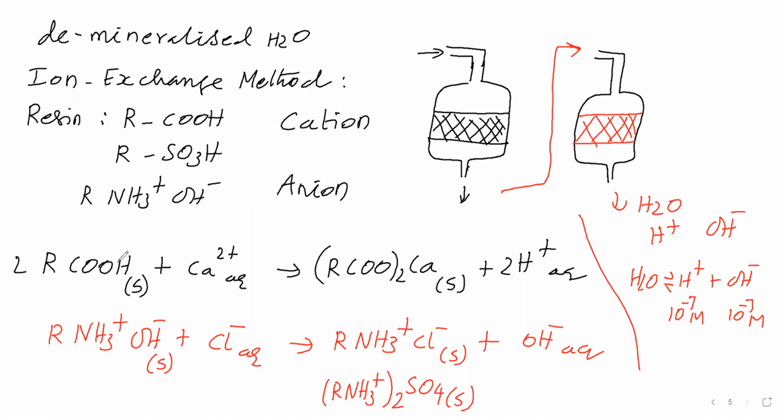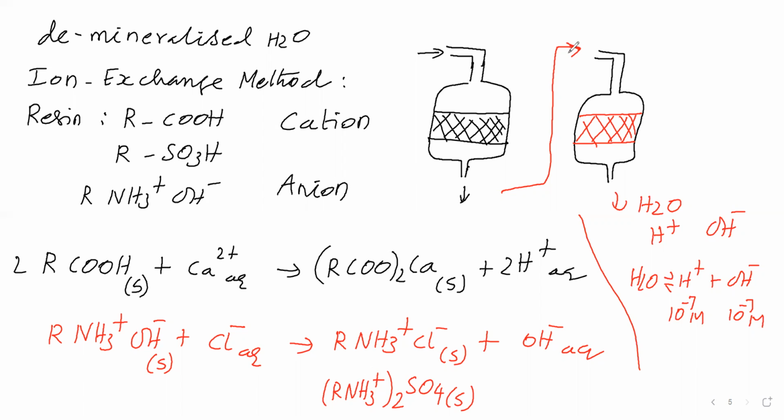In the cation exchange resin RCOH, instead of that we can even take RSO3H. Then the anion exchange resin RNH3 plus OH minus completely gets exhausted after some time, becoming RNH3 plus Cl minus or RNH3 plus twice SO4 2 minus, like this. So after some time, the cation exchange resin gets exhausted and the anion exchange resin also gets exhausted.